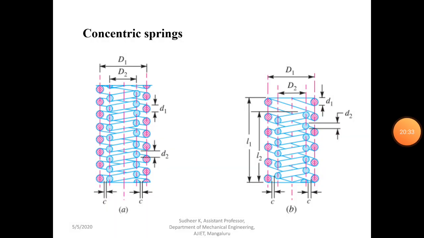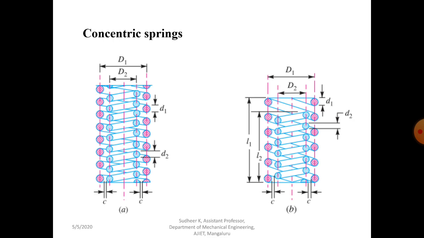The main advantage of this type of spring is that, because one spring is inside another, the load carrying capacity is increased, so that heavy load can be transmitted in a restricted space.